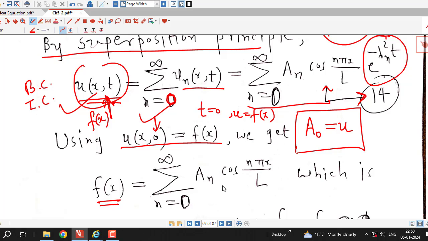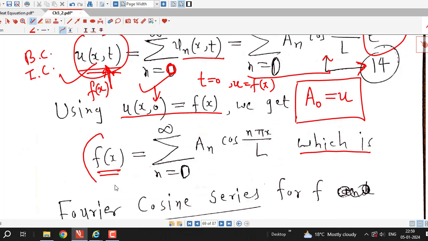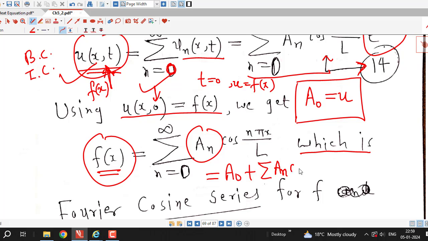But we know that this is a very famous series. It is the Fourier cosine series for this function f, and if we have a Fourier cosine series, we know the formula for these coefficients. This we can rewrite as a0 plus sigma a_n cos(n pi x by L), n equal to 1 to infinity.